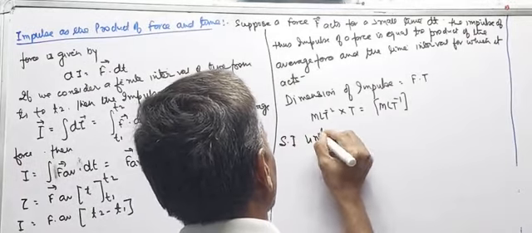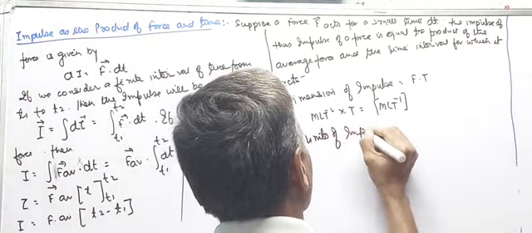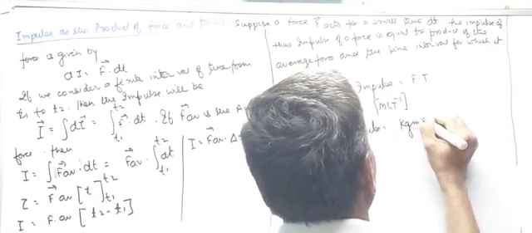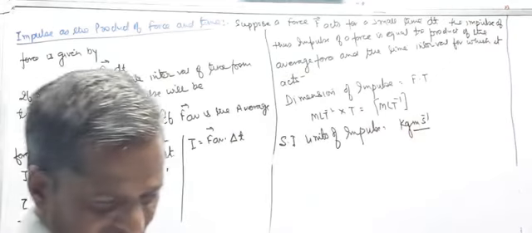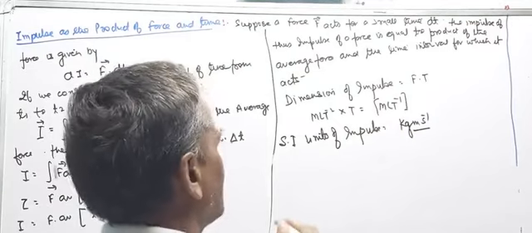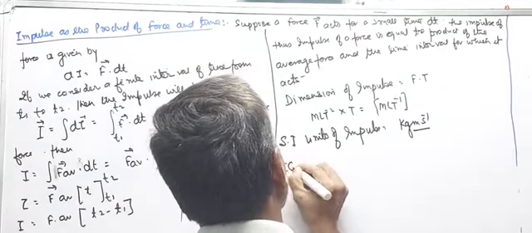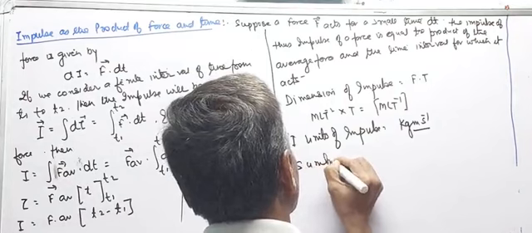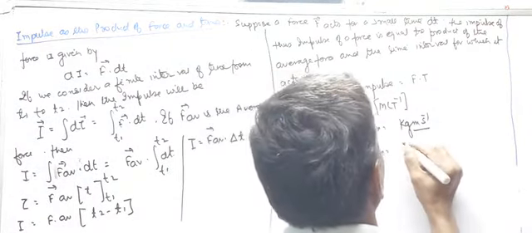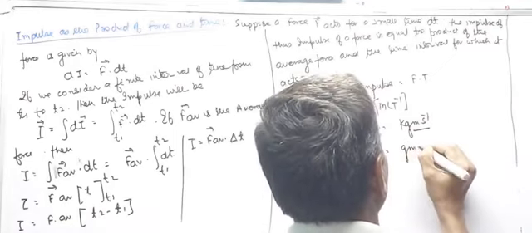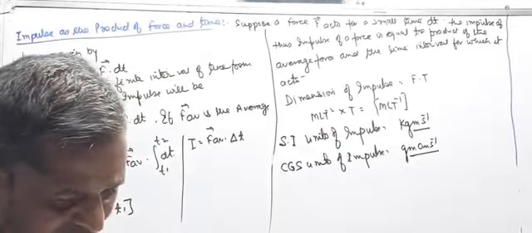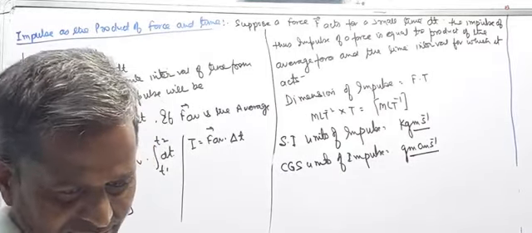SI units of impulse equal kilogram meter per second, and CGS units of impulse are gram centimeter per second.